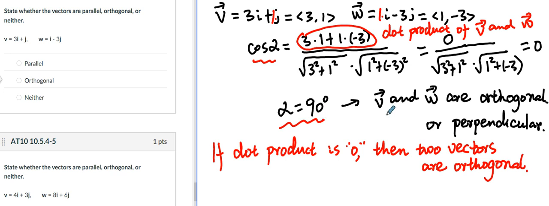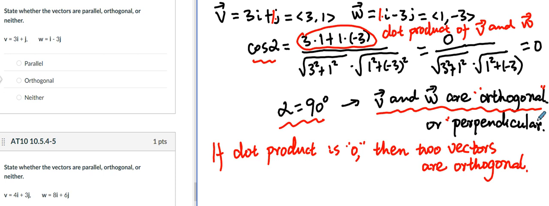Then it tells us the angle between v and w is 90 degrees. So then we call two vectors perpendicular or orthogonal. They are the same thing. Orthogonal or perpendicular are the same thing.